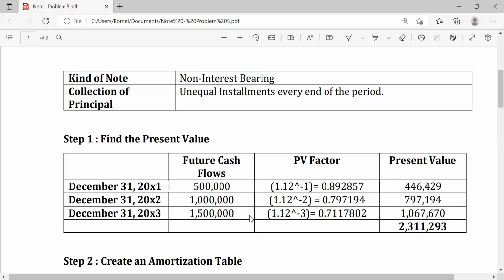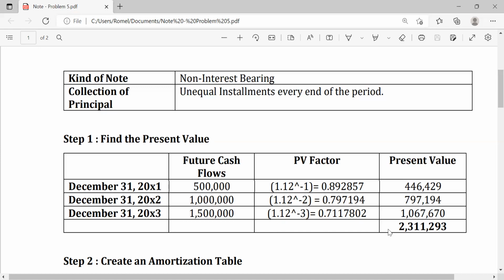Therefore, sa formula natin, 1,500,000 times 1.12 raised to negative 3. So therefore, the present value for December 31, 20X3 is 1,067,670.